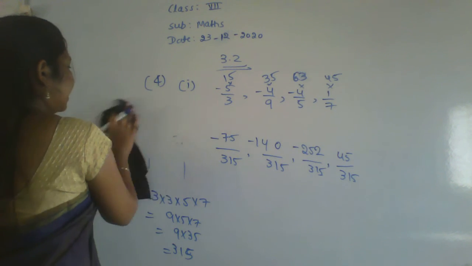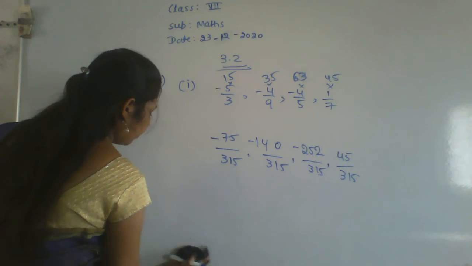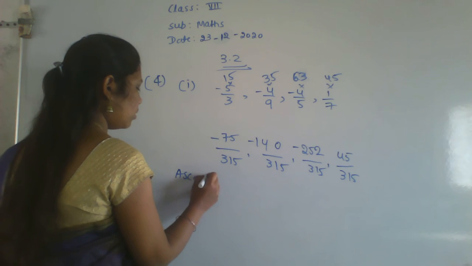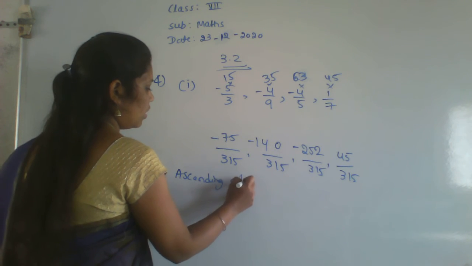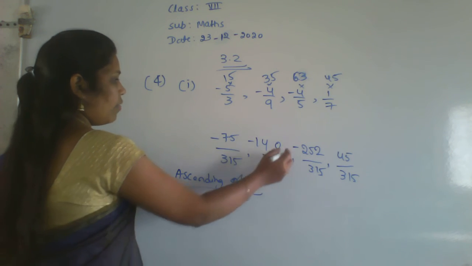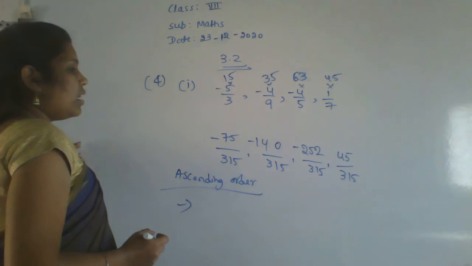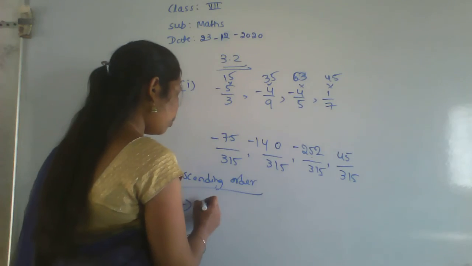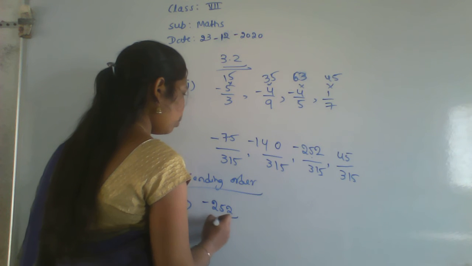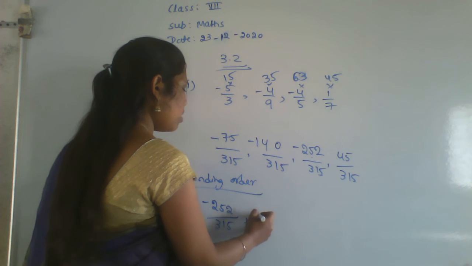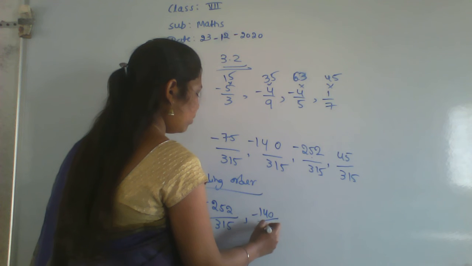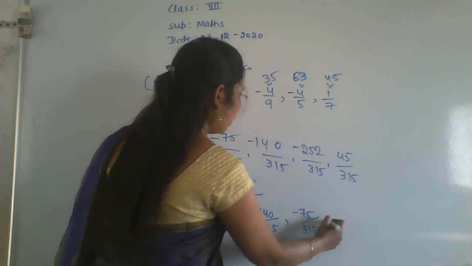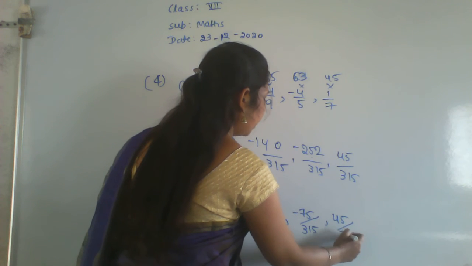So now write it in ascending order. Ascending order of the numbers. Ascending order, that is first the smallest number. Smallest number means here take the minus of the biggest number, that is minus 252 by 315, comma, minus 140 by 315, comma, minus 75 by 315 and comma 45 by 315.